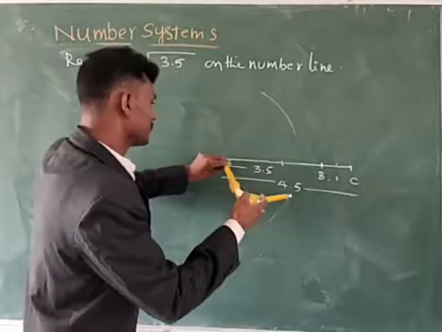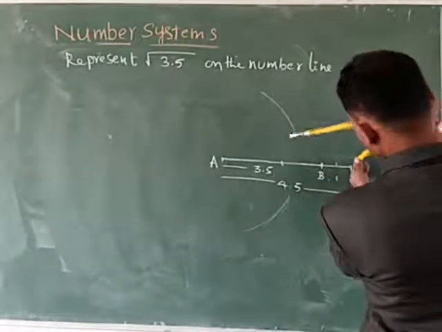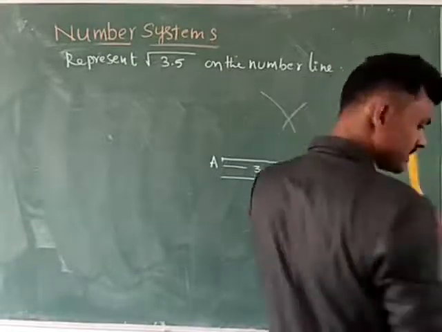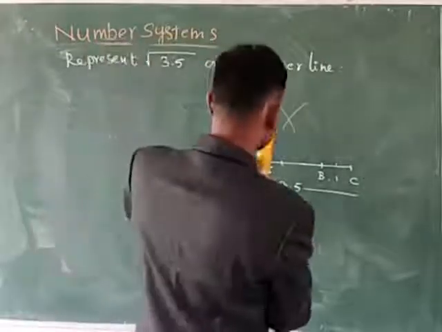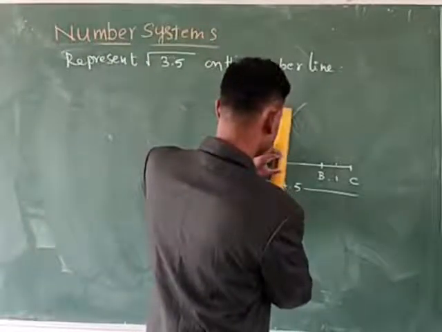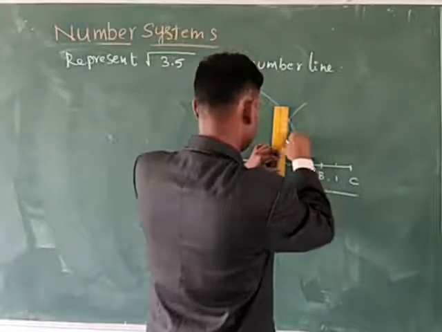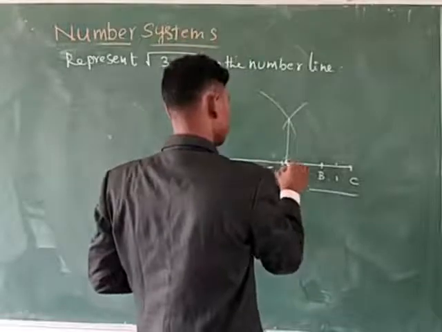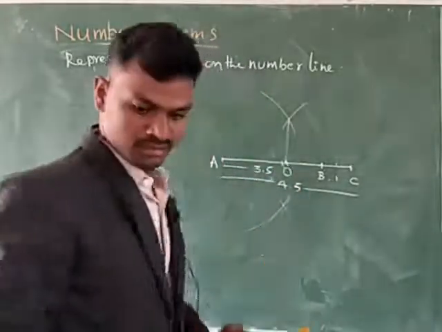Next from C also the same: you have to draw one more arc, and down also one more arc. Where these two arcs intersect, you have to join. This is O.